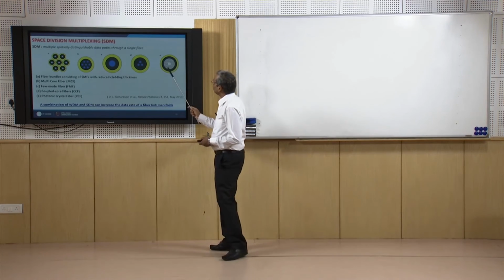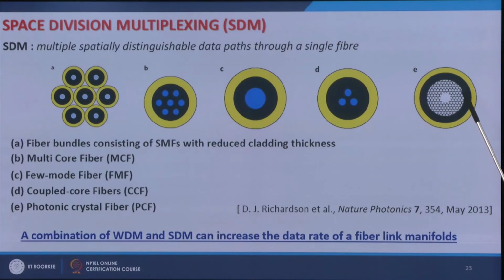So, in this kind of fiber, if you have a photonic band gap here and you create a defect here, that is, you remove the periodic arrangement from here, this acts as a defect site. If you launch light into this defect, because the light sees band gap everywhere, the light is confined in this region. So, this is photonic crystal fiber.